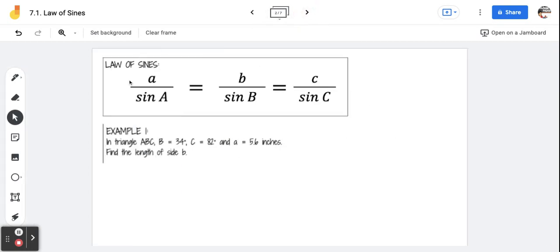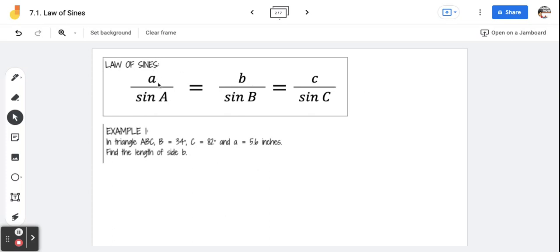All right, so what is law of sines? So law of sines is this, the formula for it. So remember, little a is the length of side A divided by the sine of angle A. So it's a ratio. So these are proportional. So every side divided by the sine of its opposite angle are equal.